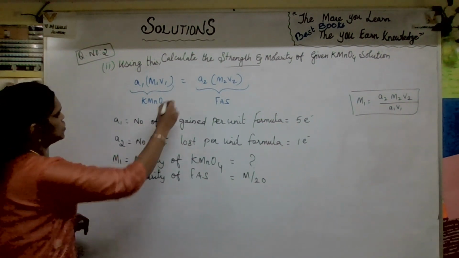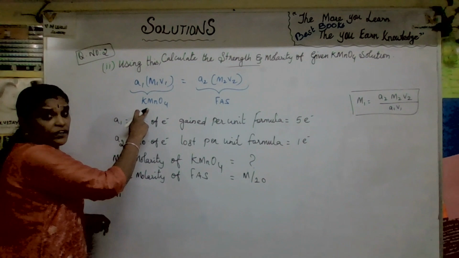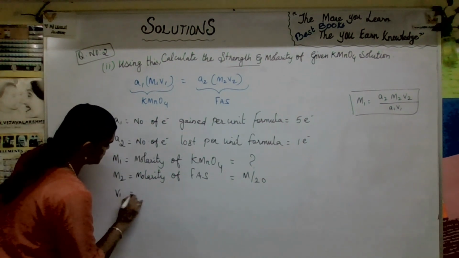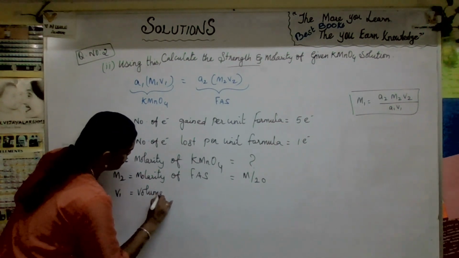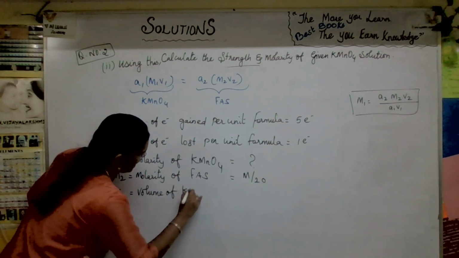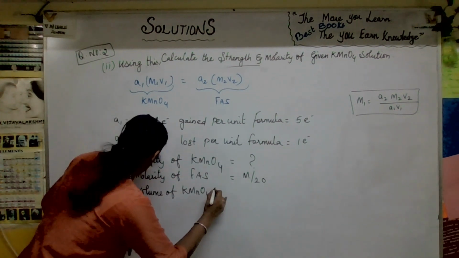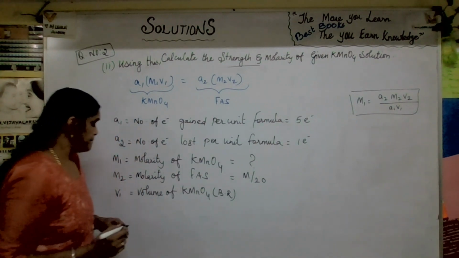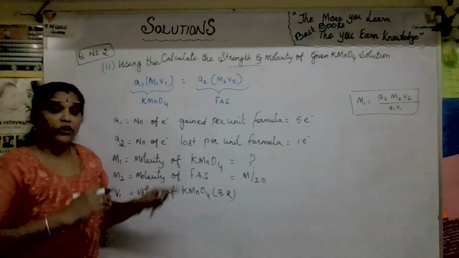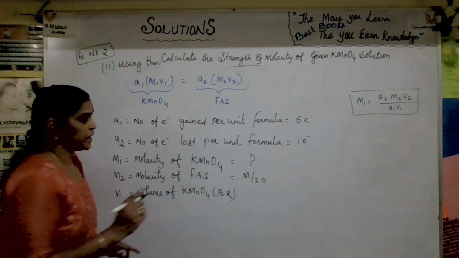Okay, now next, V1 is the volume of KMnO4. So you just put the burette reading, because KMnO4 we fill in the burette.